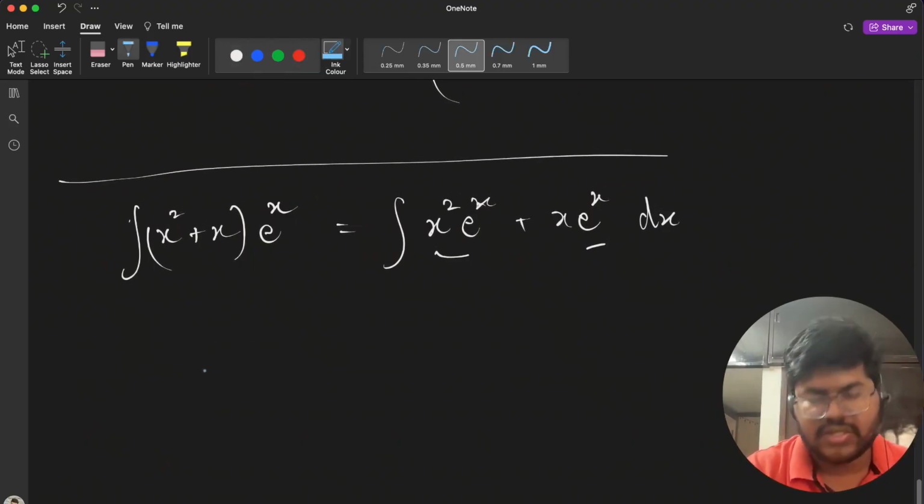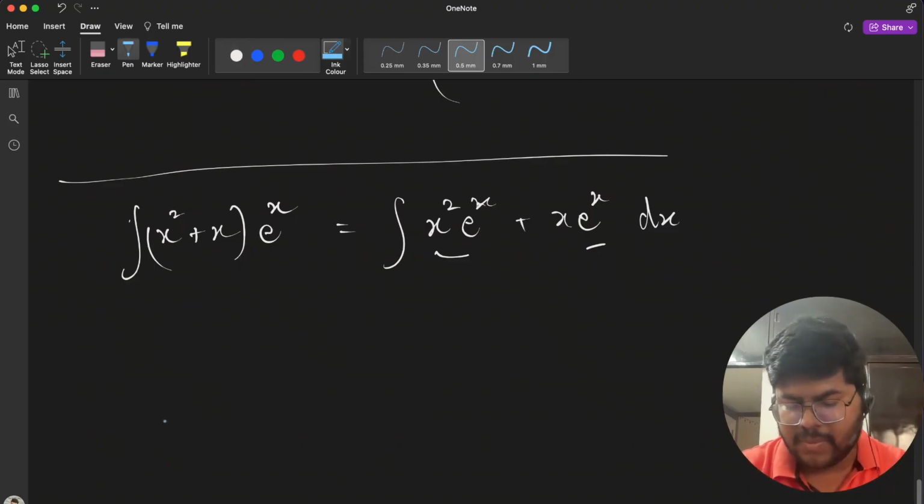Now let us understand the formula for multiple integration by parts, right?